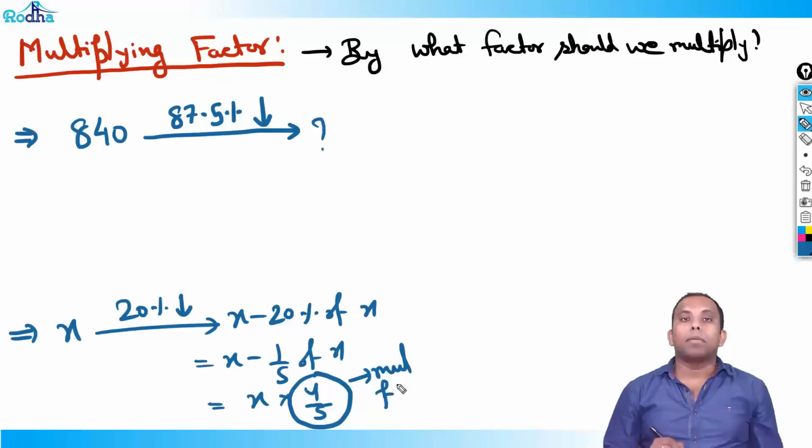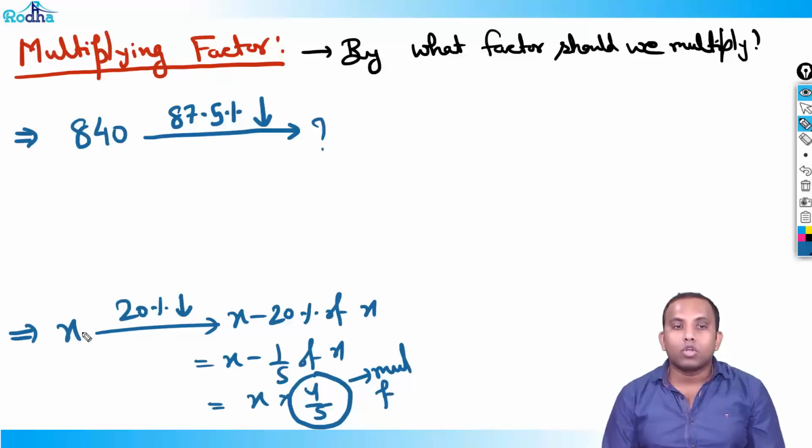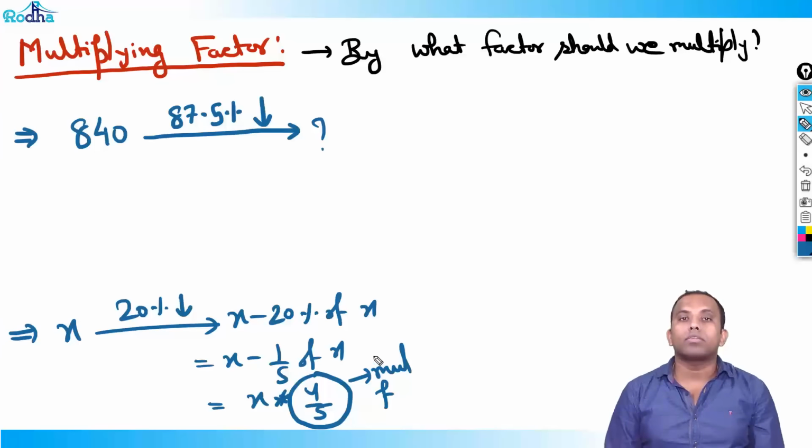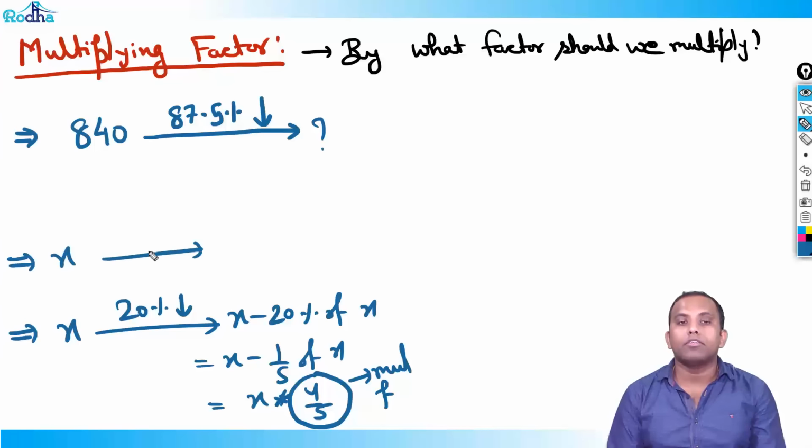This is what I'm talking about, my multiplying factor. X to be decreased by 20%, by what factor should I multiply it? 4 by 5. This is the multiplying factor, right? Similarly here also, x is decreased by 87.5%. By what factor should I multiply? So what is 87.5%? 7 by 8. So I can write x minus 7 by 8 of x.